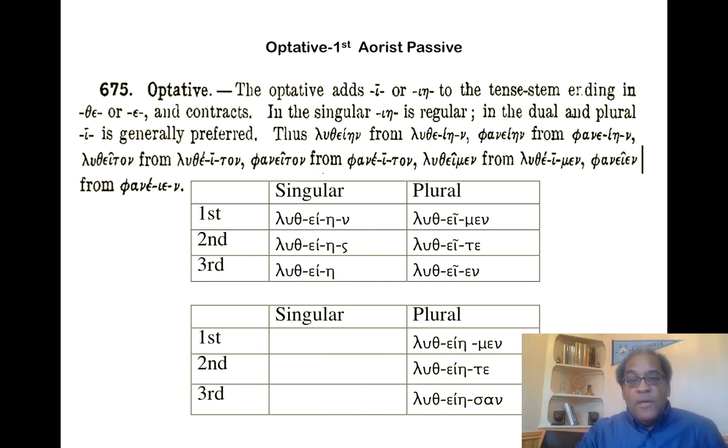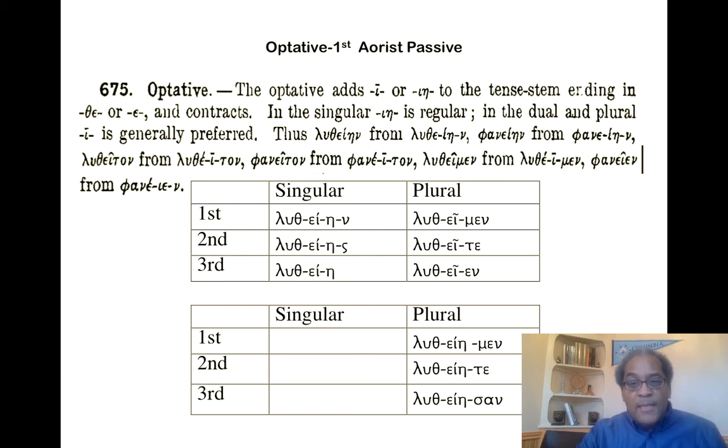Likewise, in the optative, we see the theta-epsilon or plain epsilon, but there's a slight twist insofar as the plural forms have two different possibilities. So you can see, looking at the first singular, lythe-i-ēn, you see that iota, which is the sign of your mood suffix for the optative, sneaking in between the epsilon and the eta.